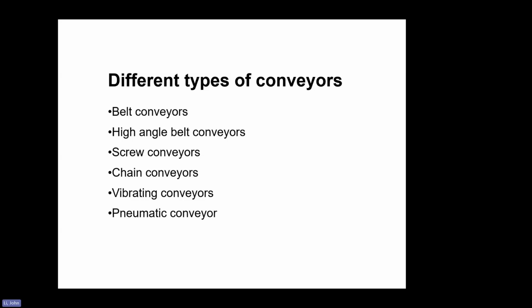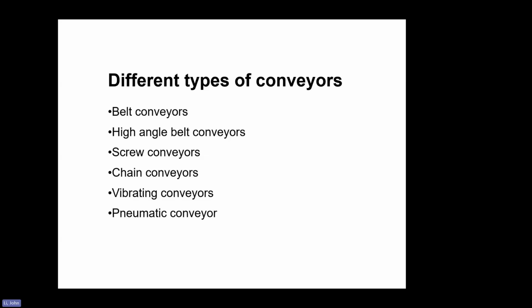Although we have about 400 types of conveyors, mainly we just use fewer than 10 types of conveyor for bulk material handling. What I list here is from my over 30 years of experience in mining, terminals, and other heavy industrial.